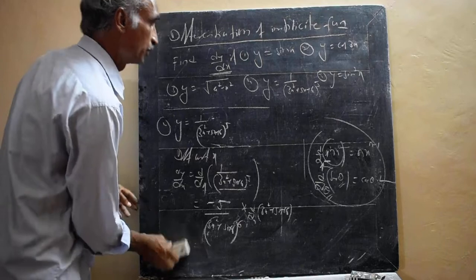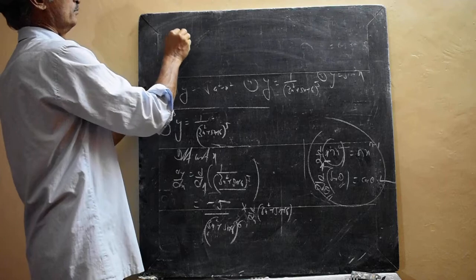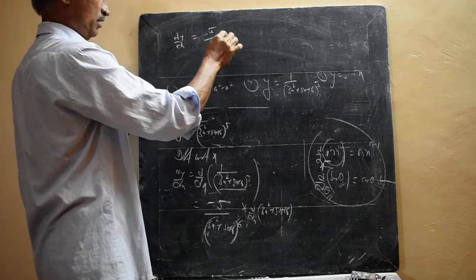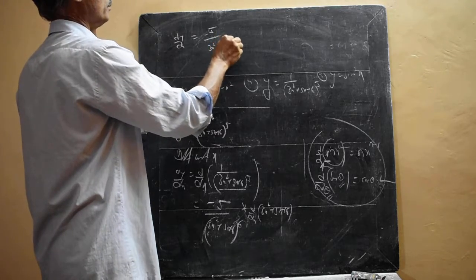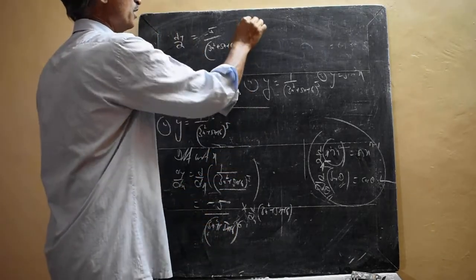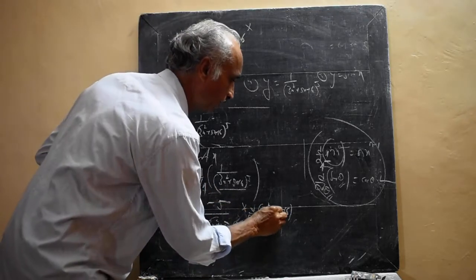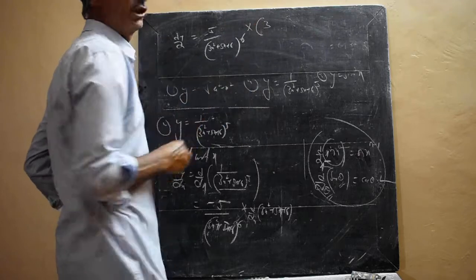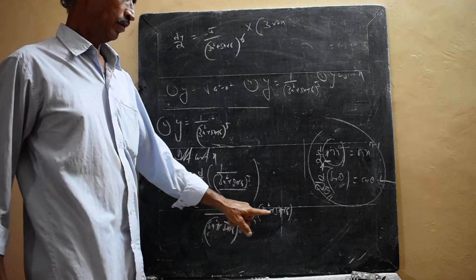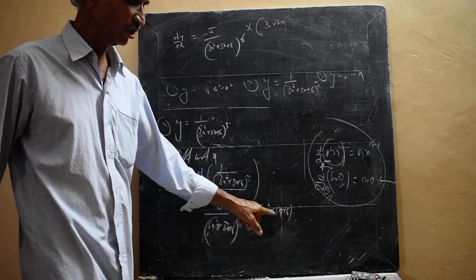Then dy by dx is equal to minus 5 upon 3x squared plus 5x plus 6, whole raised to 6, into the differentiation of 3x squared plus 5x plus 6. It is a sum of 3 terms, so we have to differentiate each and every term.